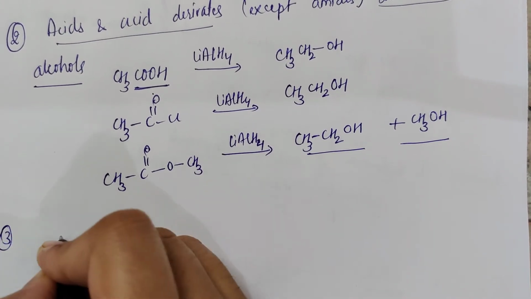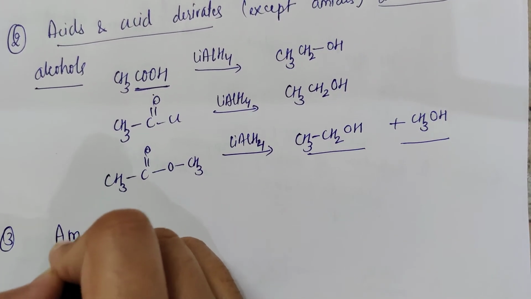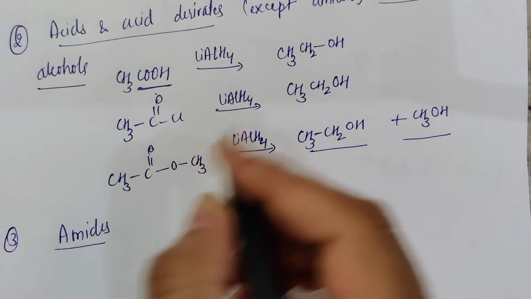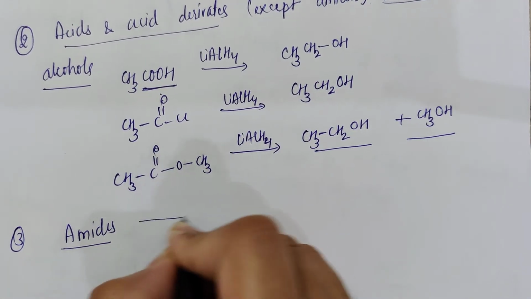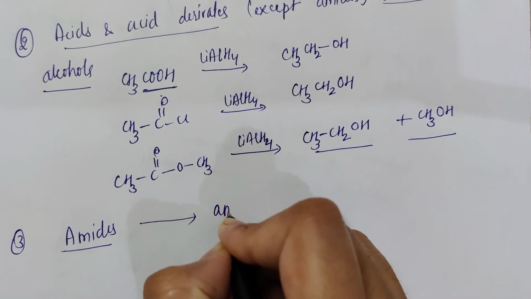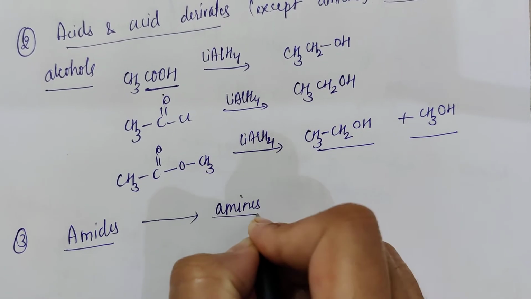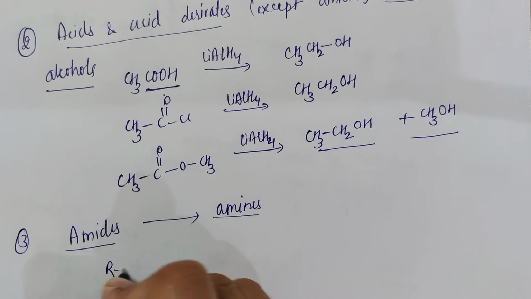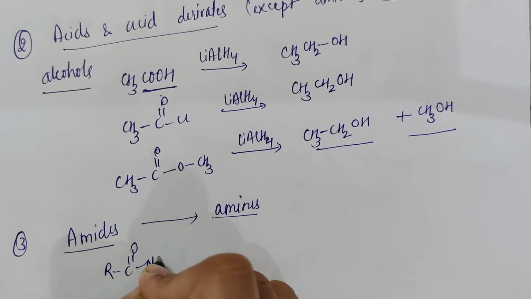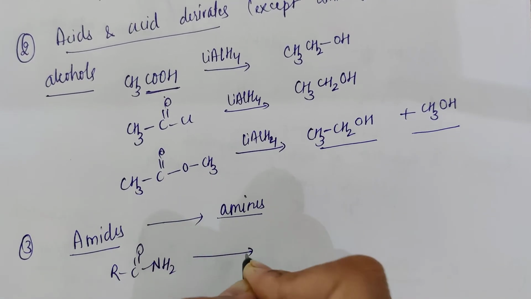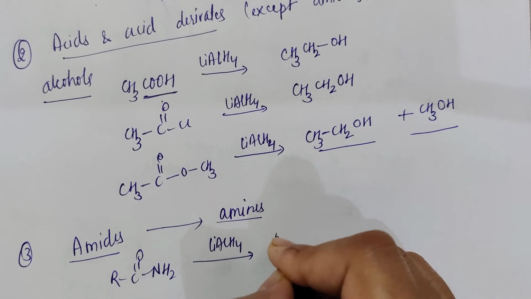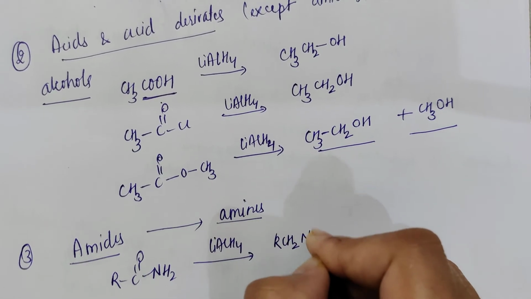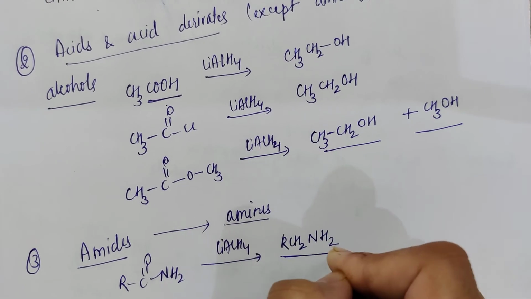Now third is amides, the one that we have left here as an exception. Amides are reduced to amines. So if you have RCONH2 on treatment with lithium aluminium hydride, RCH2NH2 is obtained.